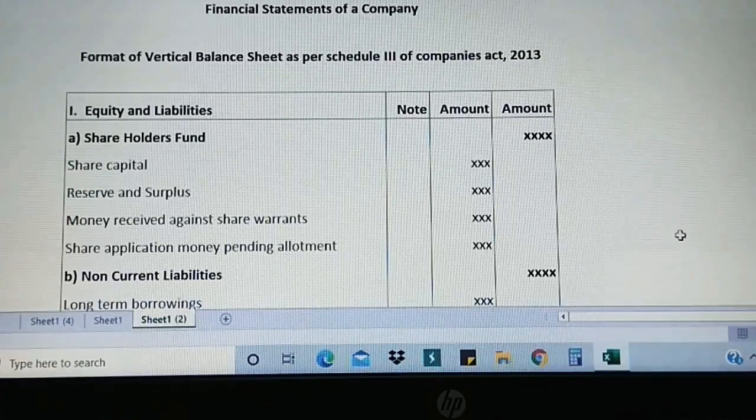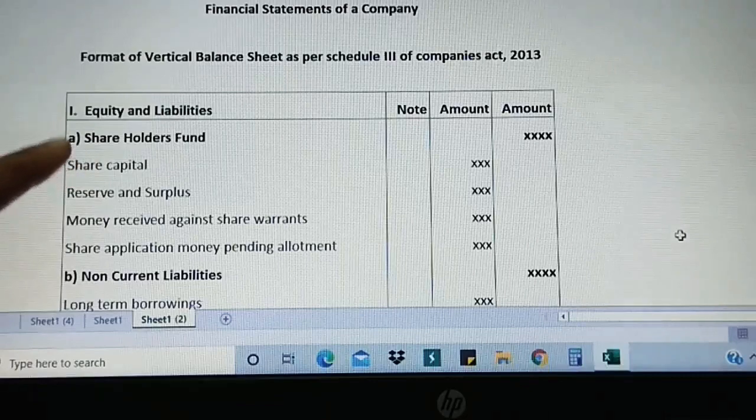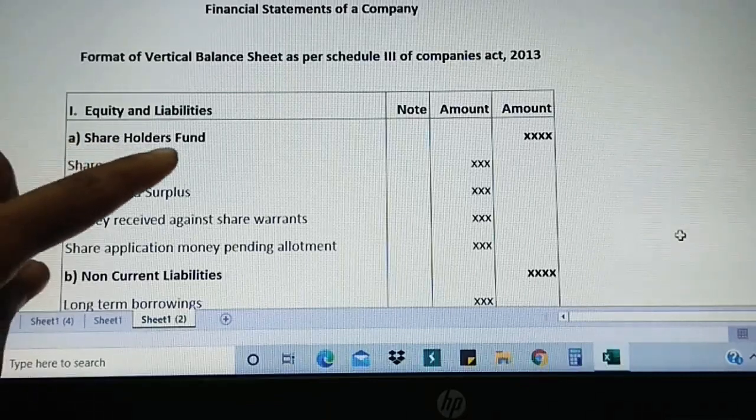Next, reserve and surplus. We may find a reserve, general reserve, profit and loss. We found these in the previous chapters, admission and retirement. If those types of questions appear, you have to take this under the subheading shareholders fund.